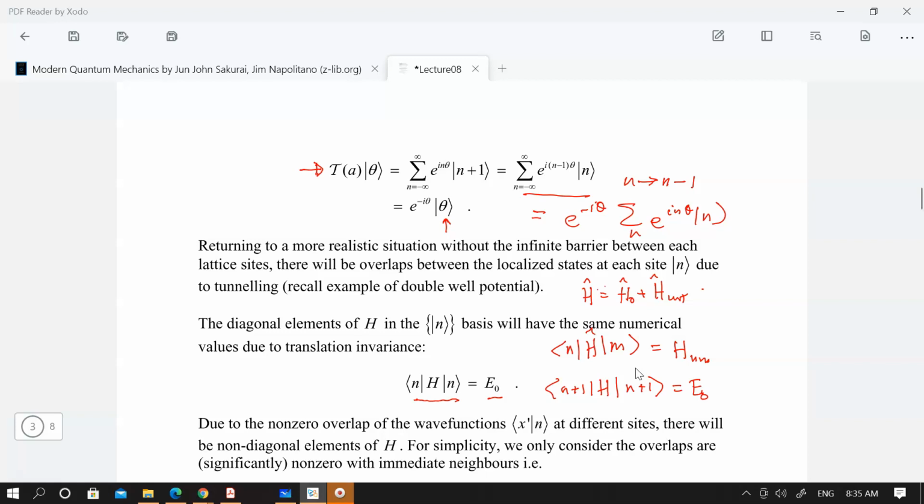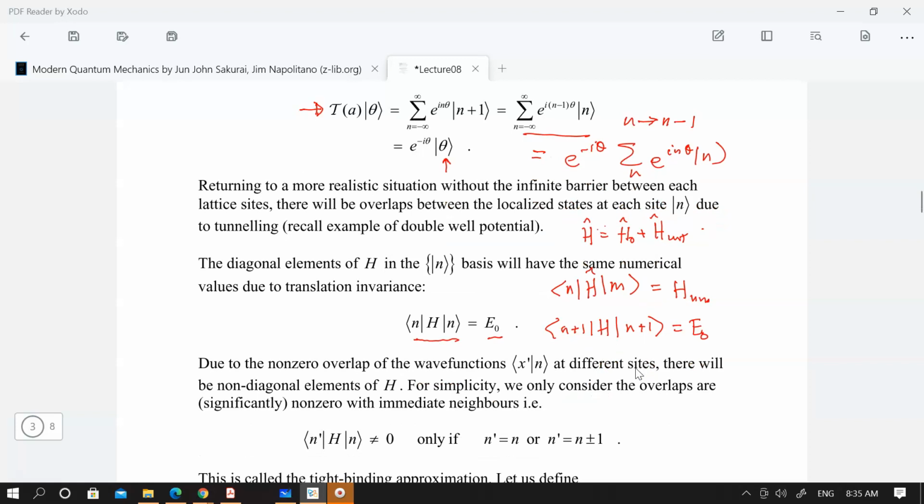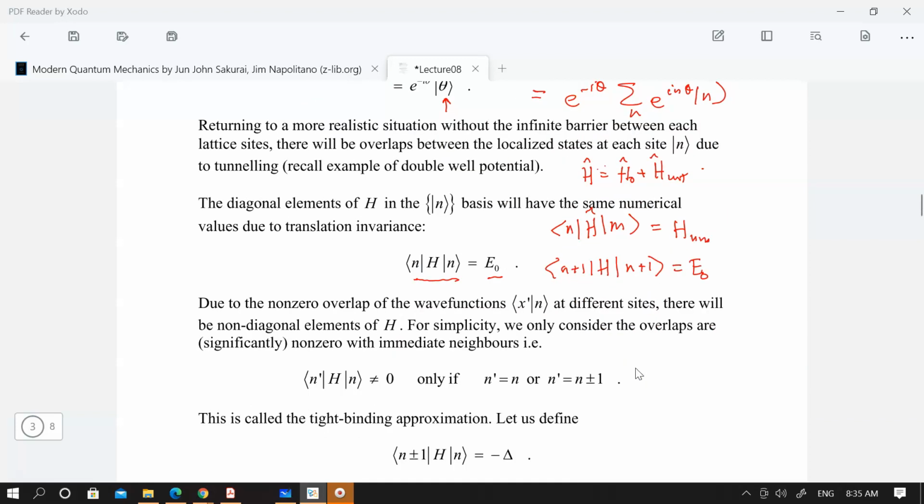But now one starts to consider the possibility of having a general matrix element, but we would like to simplify this. So how do we simplify this?